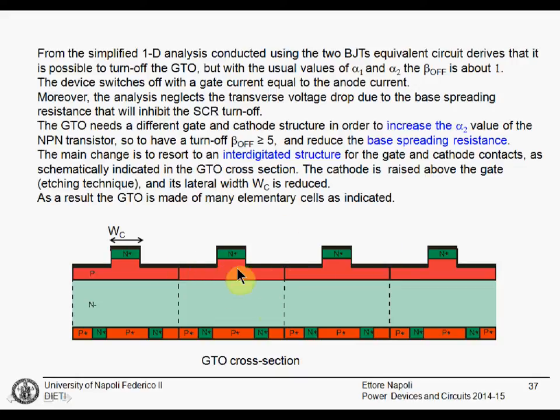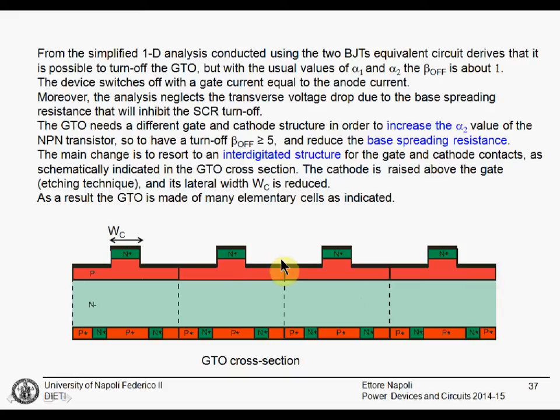Finally, this is the structure that is usually implemented in a GTO. This is one example. There are many variants, obviously. There is a non-planar structure technology. In this case, there is an etching. The cathode contacts are raised above the base contacts, the gate contacts.